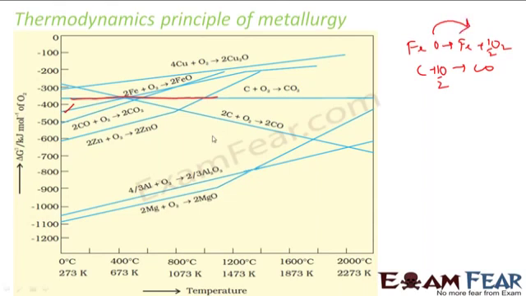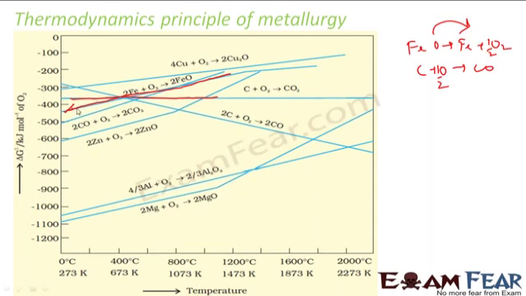But the Ellingham diagram always has oxidation reactions, so we'll mark the corresponding oxidation reaction for this. Now if you see which one is the reducing agent, my carbon is getting oxidized. So carbon is the reducing agent.